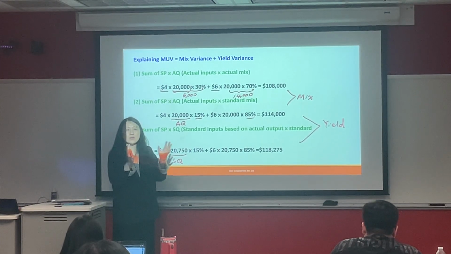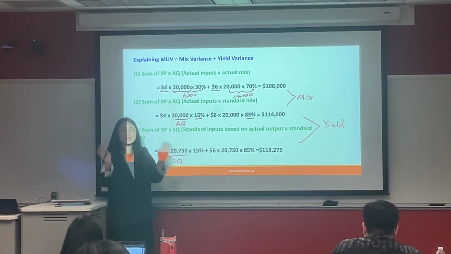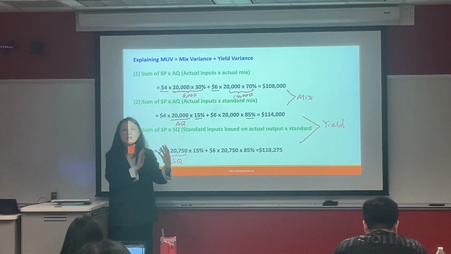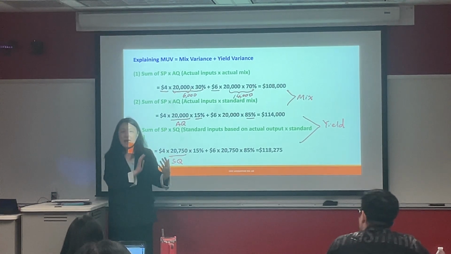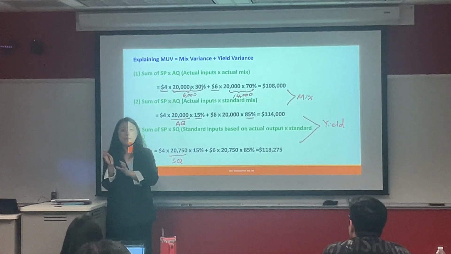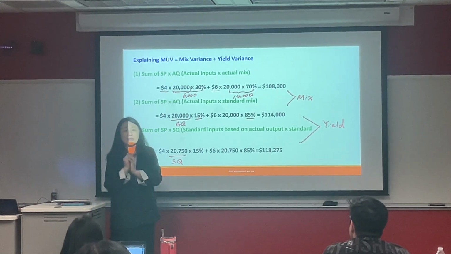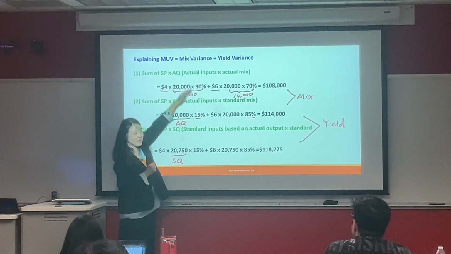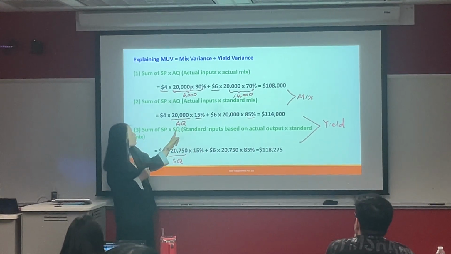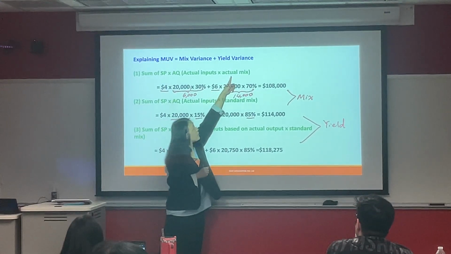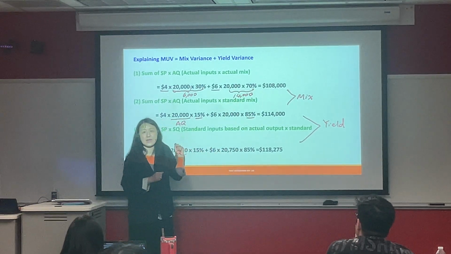If I have two things changing at the same time, I'm able to isolate one thing, hold that constant, and then look at the impact on the cost of changing the other thing. Going from here to here, two things change: AQ versus SQ, and also actual mix versus standard mix.